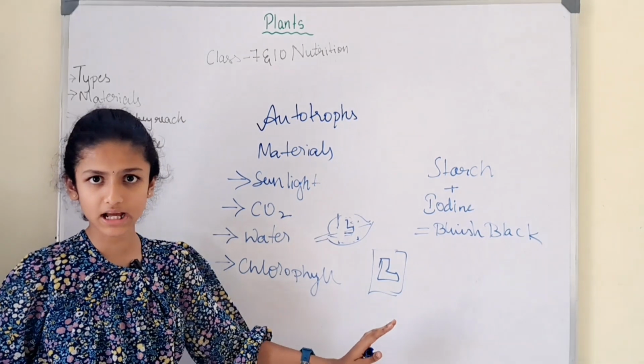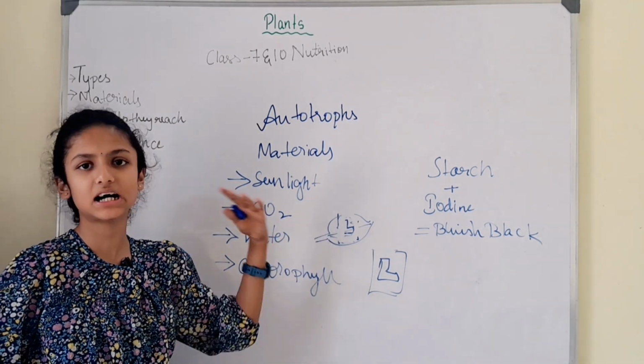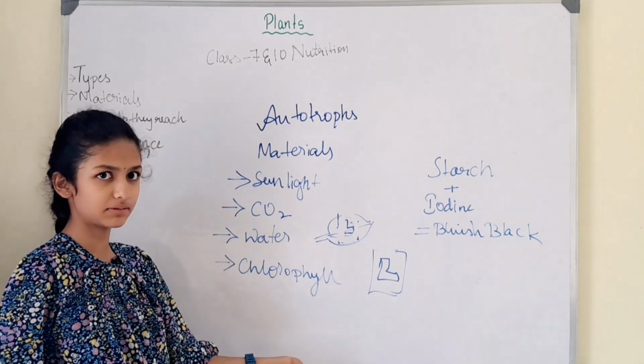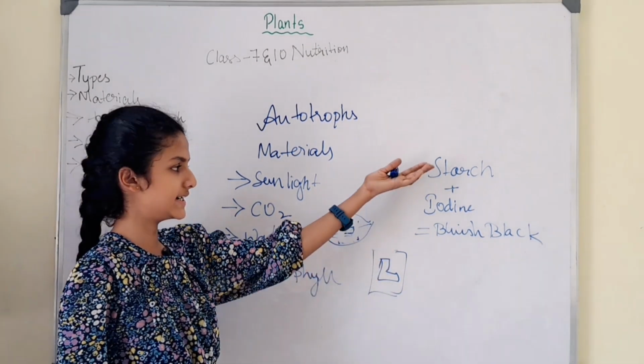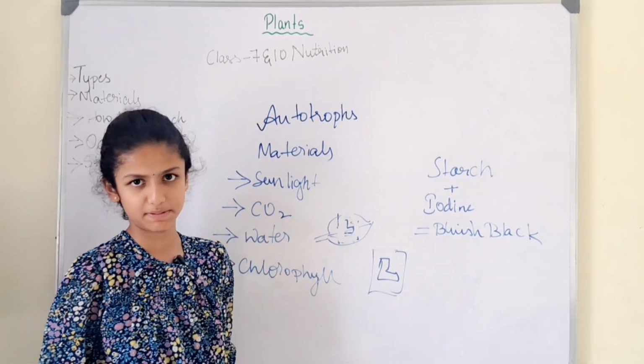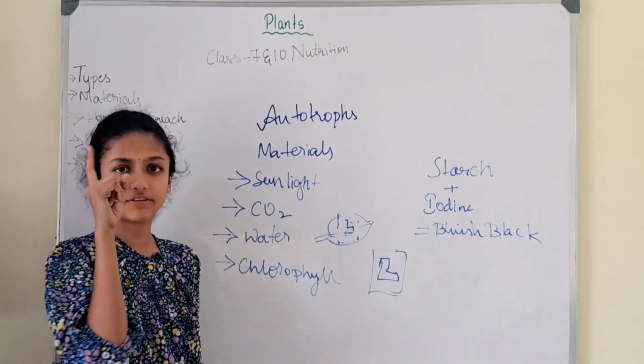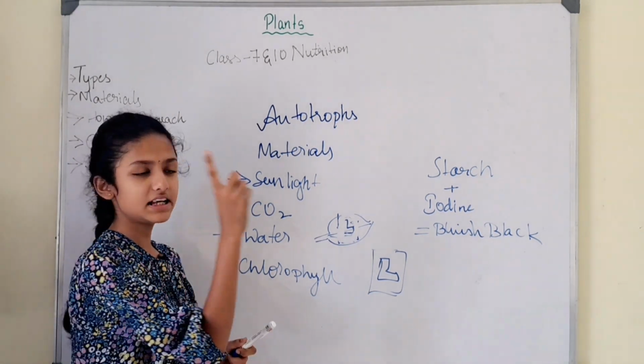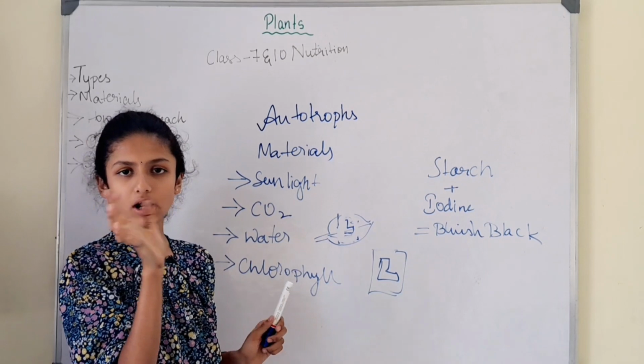So photosynthesis won't happen. If photosynthesis doesn't happen, starch won't be there. If starch is not there, it doesn't react with iodine. No bluish black. So if photosynthesis has occurred, the leaf will turn bluish black when we pour iodine.